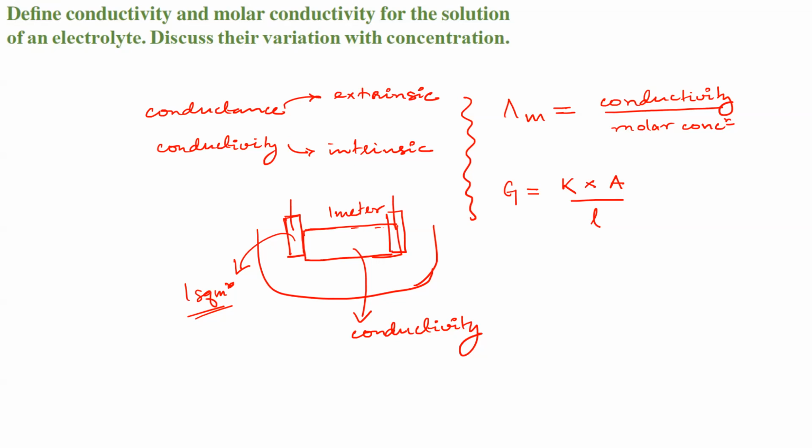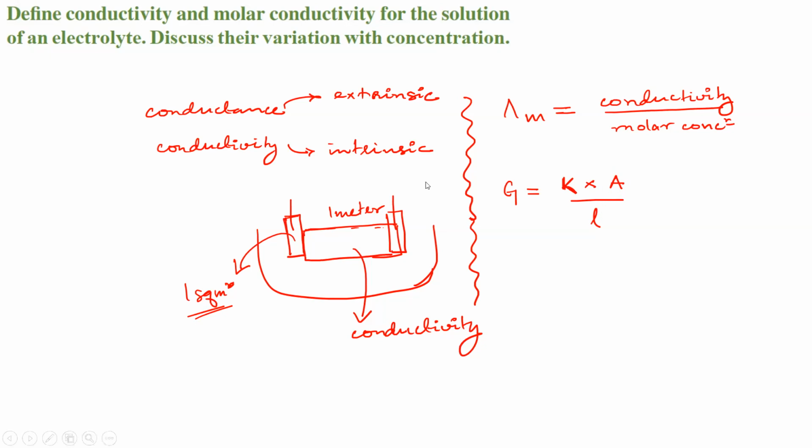You don't remember all this? Then you will have to study, you haven't revised also. So conductance is G equal to kappa, K for kappa, into the area divided by the length.